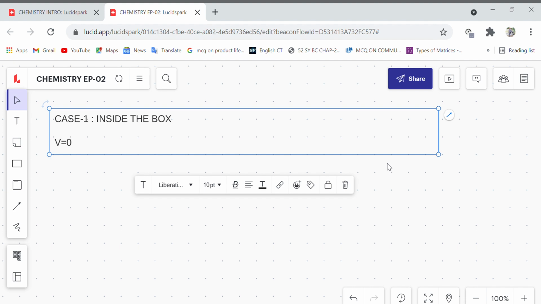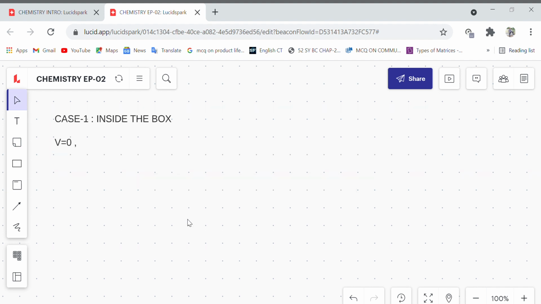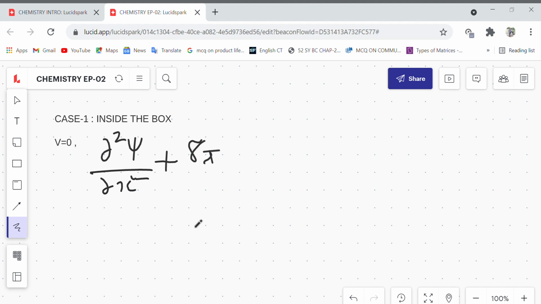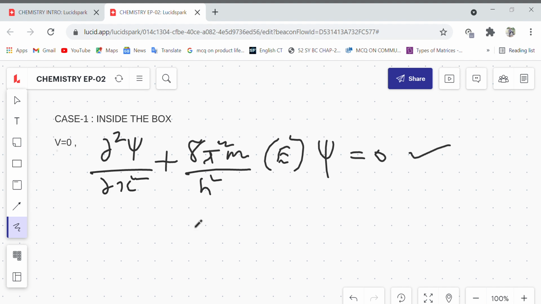If V equal to 0, then the equation will be dou square psi by dou x square plus 8 pi square m by h square whole into E psi equal to 0. So inside the box, if I am taking V as 0, this will be the equation.